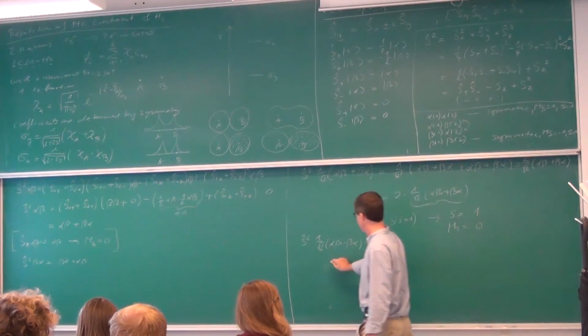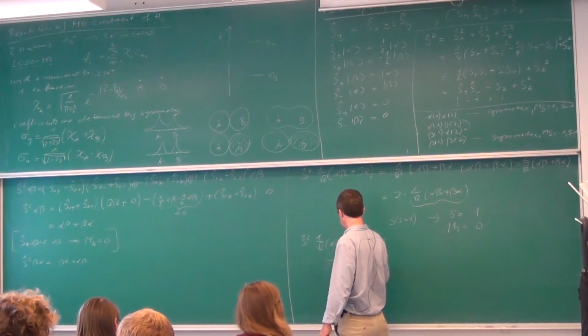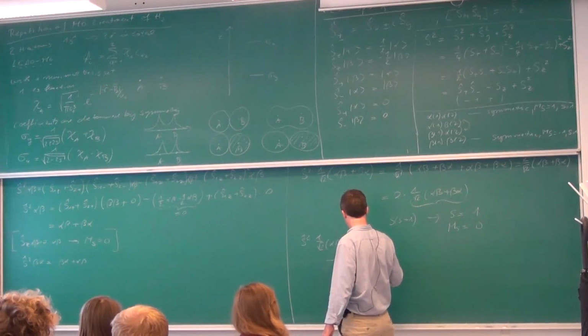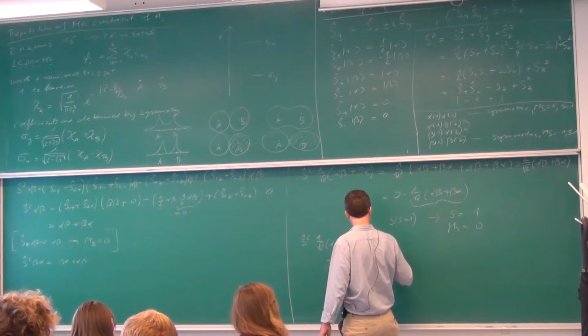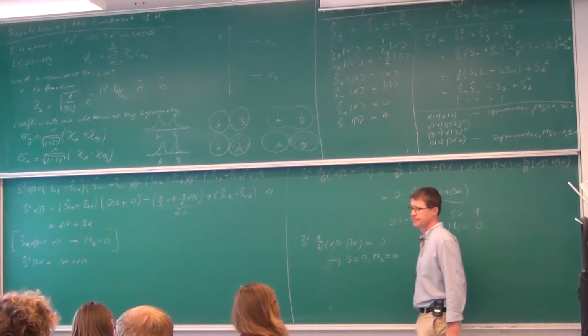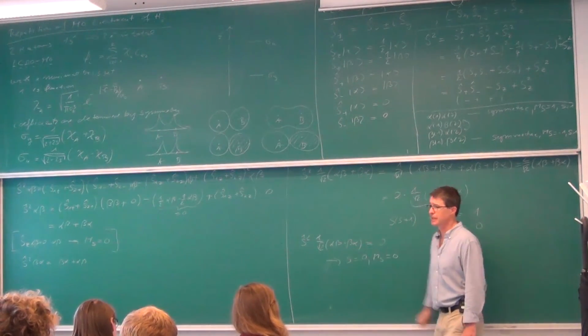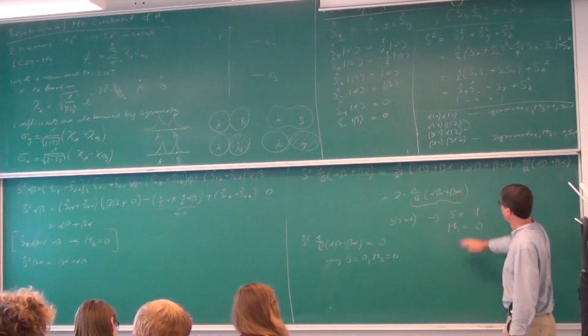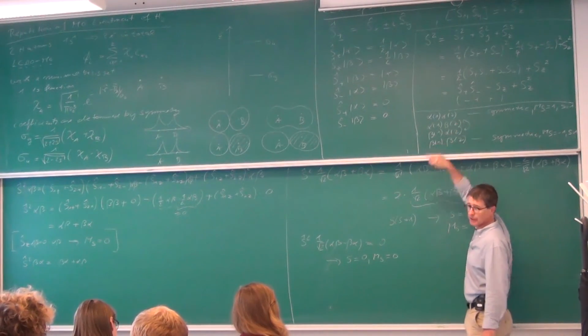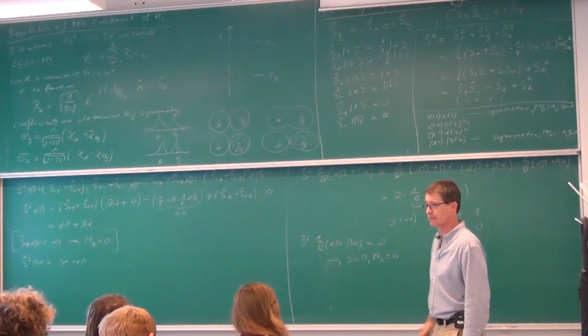So this is the S equals 0, and therefore, of course, MS equals 0 wave function. So that's the singlet spin, 2-electron spin wave function. And this one, together with those 2, are the 3 triplet wave functions.